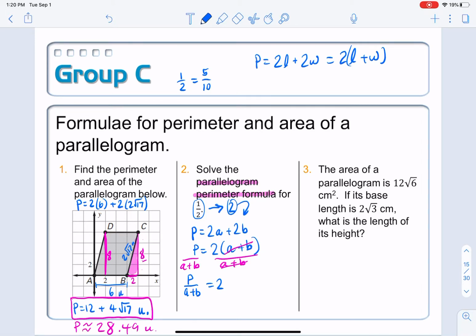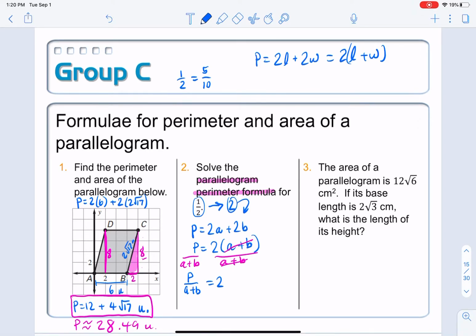So this type of equation is called a proportion when you have 2 equal ratios like you do here. There's lots of cool things that you can do with proportions. Usually, you cross multiply. Notice that the cross products are equal to each other. So 1 times 10 is the same thing as 2 times 5, right? That's a key thing about proportions.